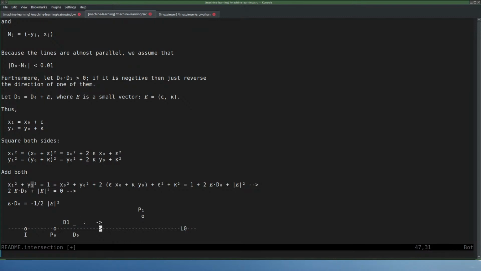And then vertically here, that would be my E. So E is a vertical thingy that is up here from here to there. So D1 equals D0 plus E. And E is not vertical actually because D1 is rotated a little bit. So maybe I should make this one a little bit longer. Yeah, that's also screwed up.